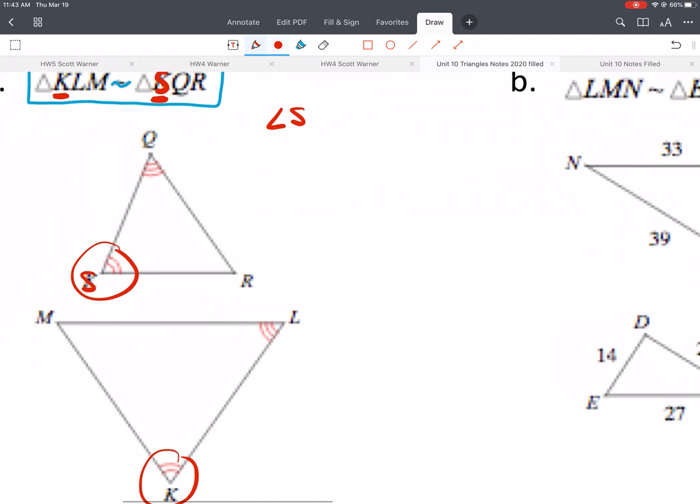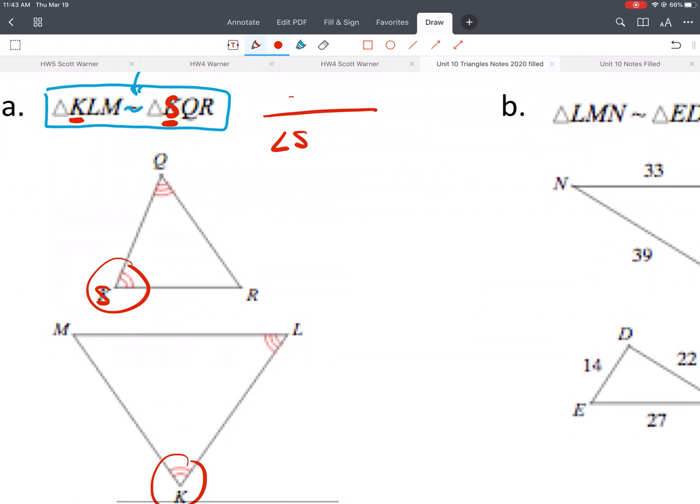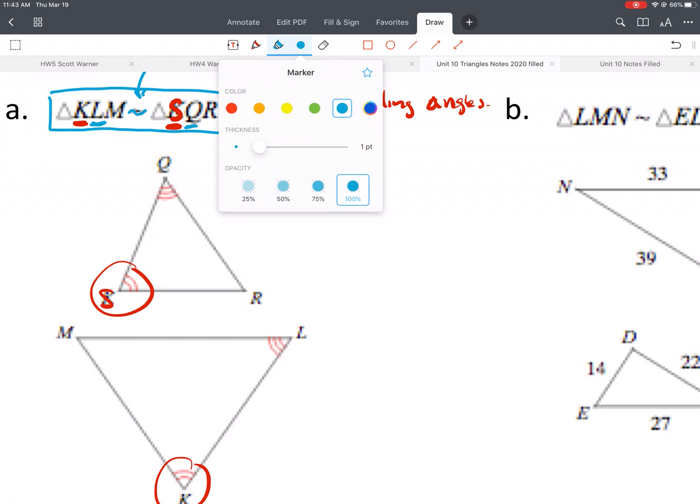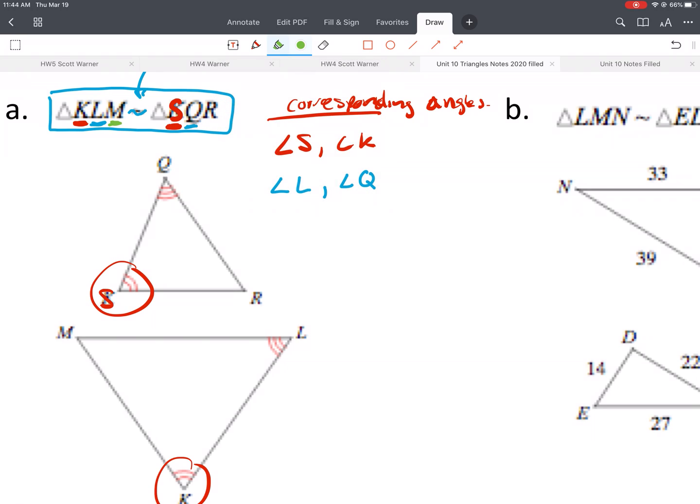So the corresponding angles are angle S and angle K. And then you don't even really have to look at the triangle: L corresponds to angle Q, and then the last one, angle M, corresponds to angle R.